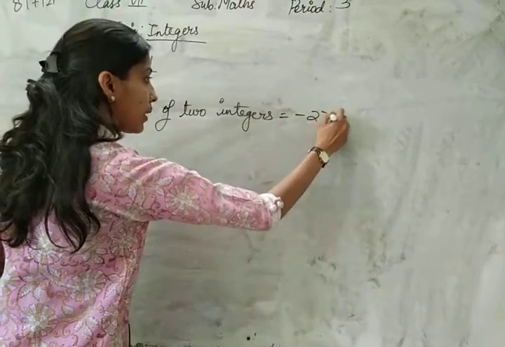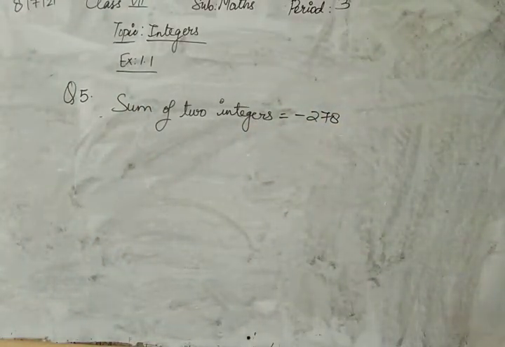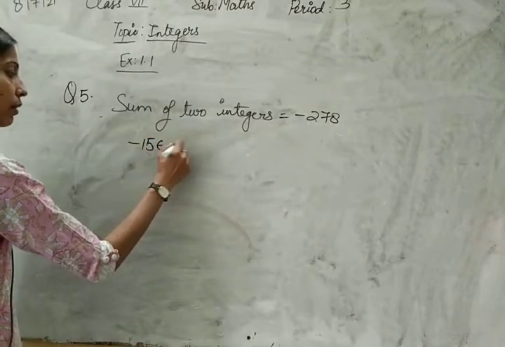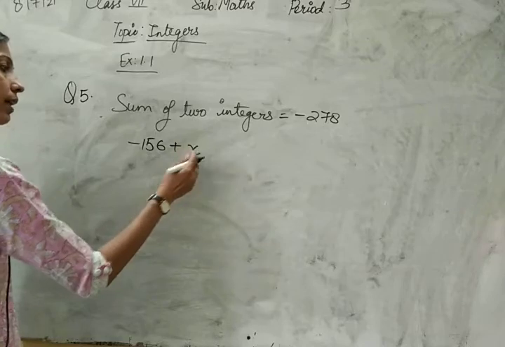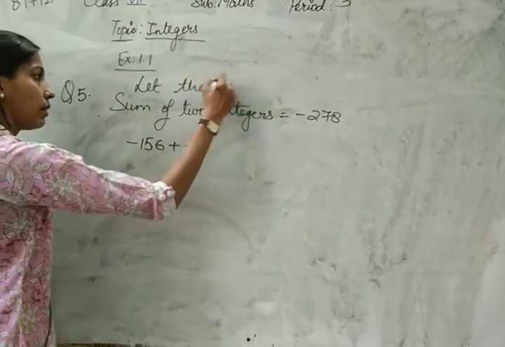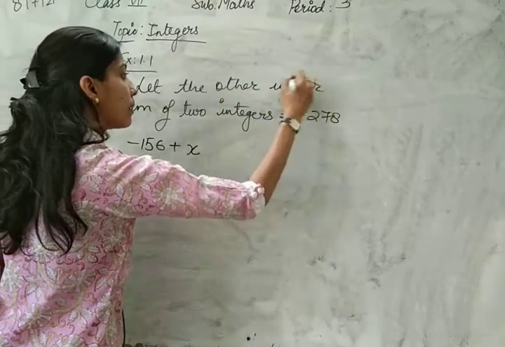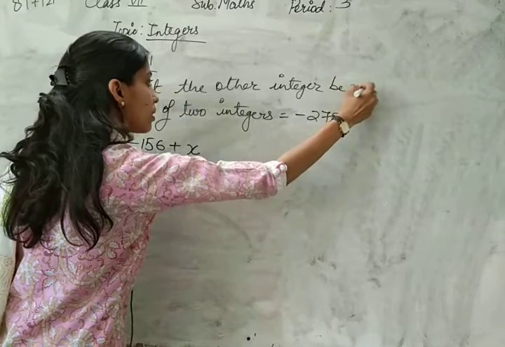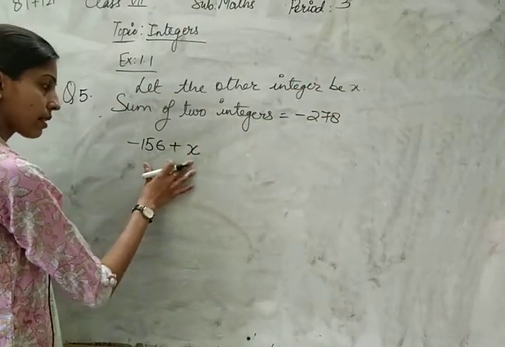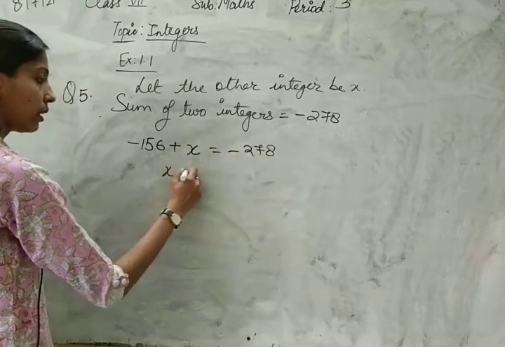You have been given one integer, minus 156. You have to find the other integer. Let the other integer be x. जो हमें इंटीजर निकालना है हमने उसको x सेलेक्ट कर लिया है. दो इंटीजर्स का सम minus 278 है. x को इधर ही रहने देंगे.